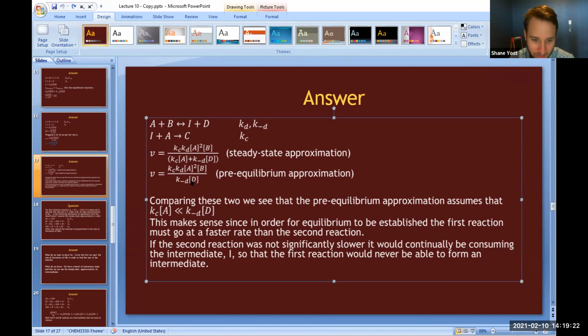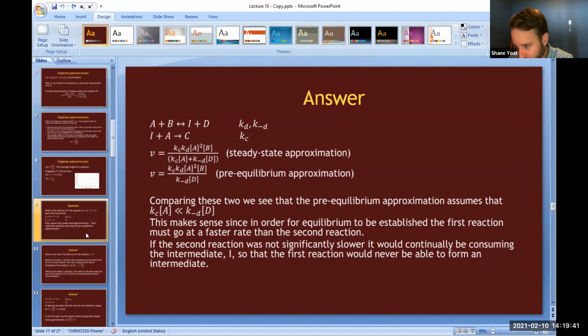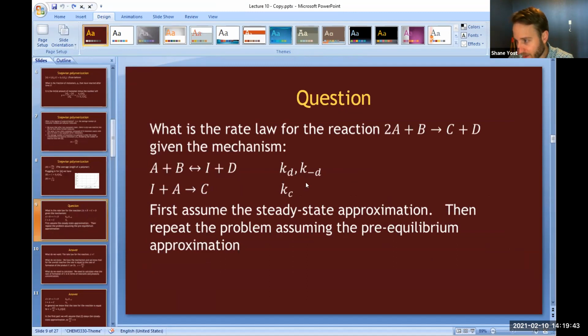It does depend on the mechanism, but for certain mechanisms, you can get the pre-equilibrium approximation by making some simple assumptions. That assumption, Kc times concentration of A being much smaller than K minus D times concentration of D, is getting at the fact that Kc times concentration of A is related to the rate of that second step, and K minus D times concentration of D is related to the rate of the reverse step.